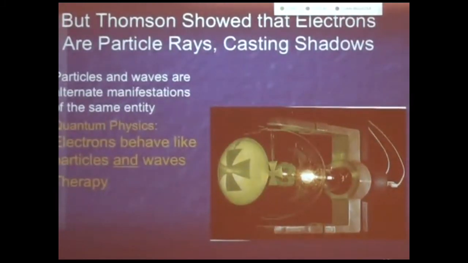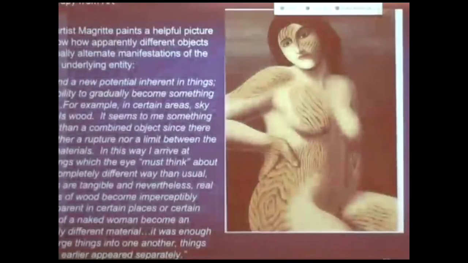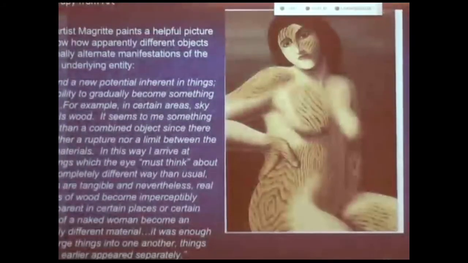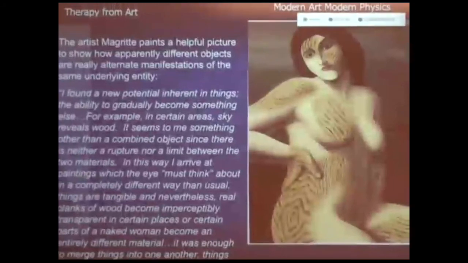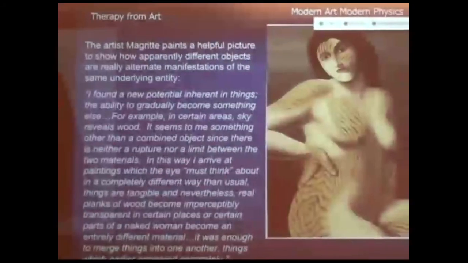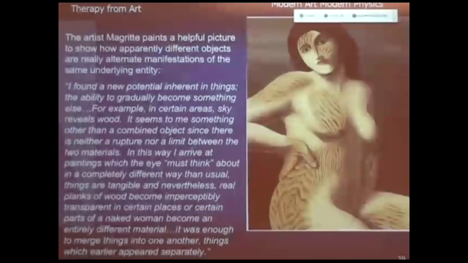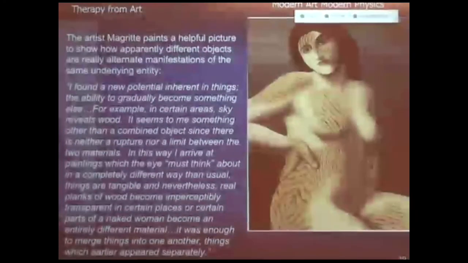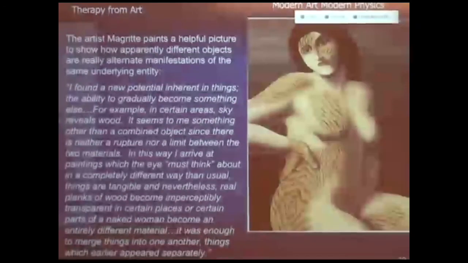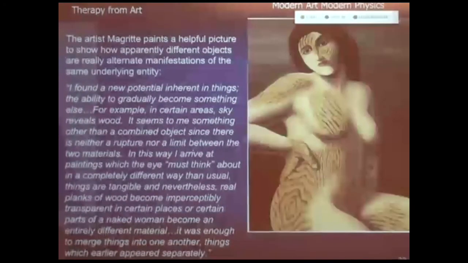And the therapy for that is this work of art here, by one of my favorite painters. And let me explain why that's therapy, okay? The therapy is, just read what he says about his own work of art. He says, I found a new potential inherent in things, the ability to gradually become something else. So for example, in certain areas, sky reveals wood.